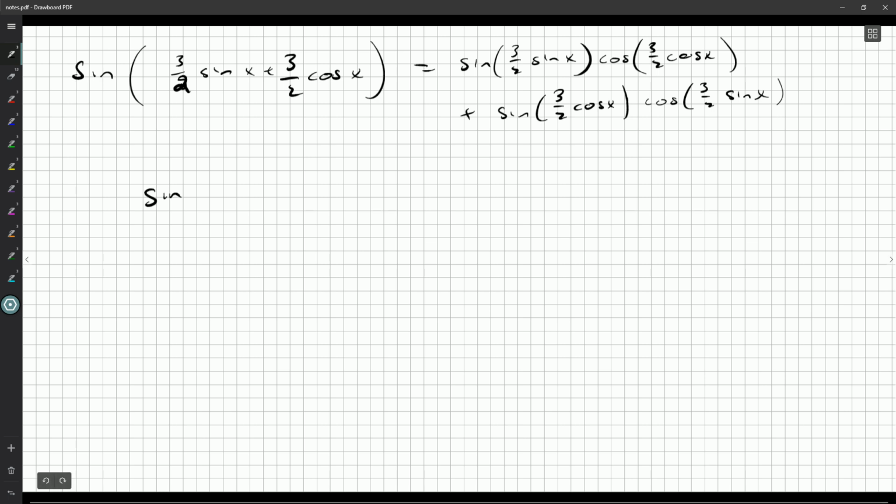Now, if sine A is equal to cos B, then cos A and sine B are the same, if A and B are both in the first quadrant.